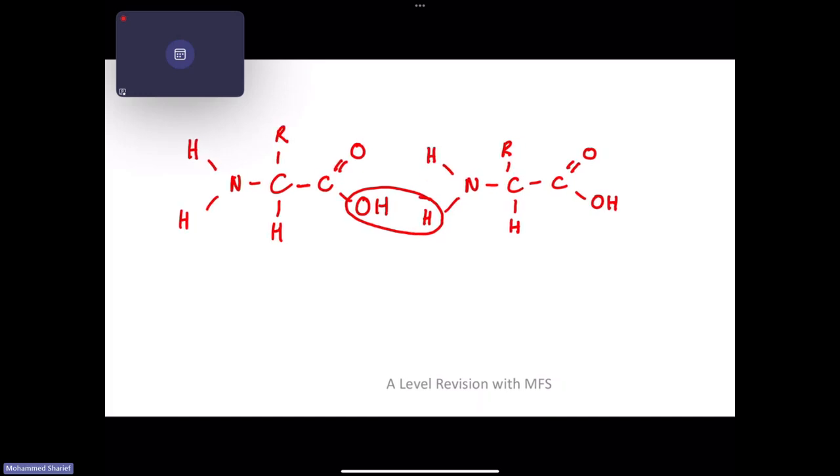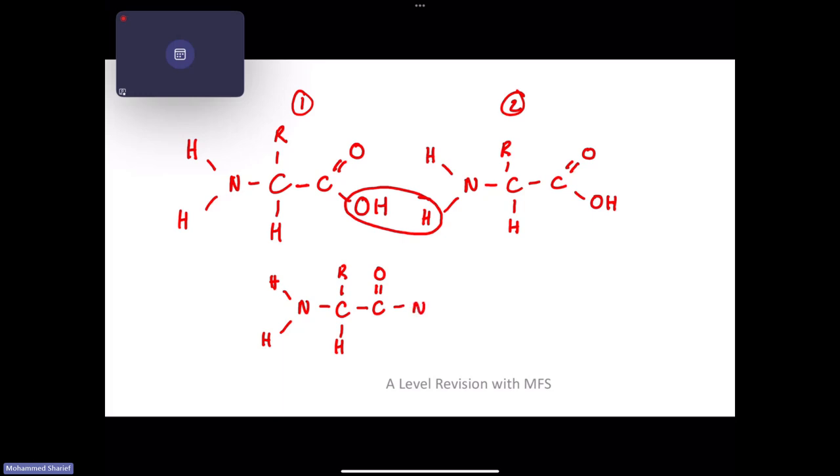Okay, so if we were to combine this now, we would have C, C, O, H. So this was the original amino acid, the first amino acid that we had, but we've released the OH and the H from the other amino acid. So now this bond is directly bonded to the nitrogen from the other amino acid.